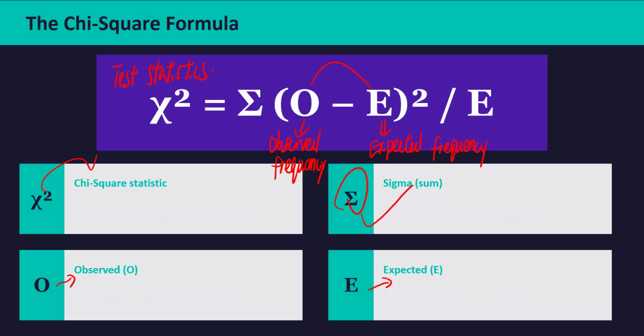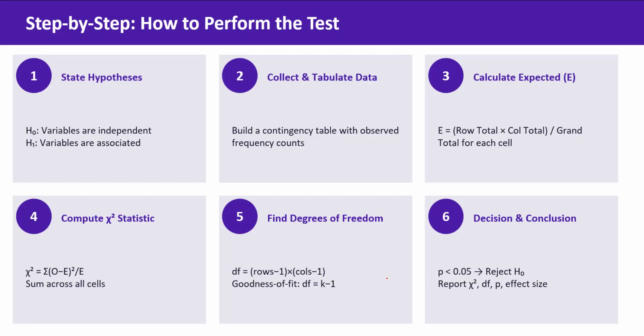Now let's take a look at an example, right? So basically the step-by-step procedure to perform a test: first of all we state a hypothesis. H0 is that we're doing the independence test. Variables are independent, or variables are associated. And we collect the data and then tabulate it, building a contingency table with observed frequency counts, right?